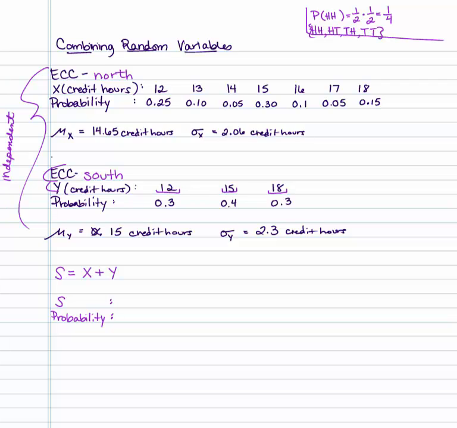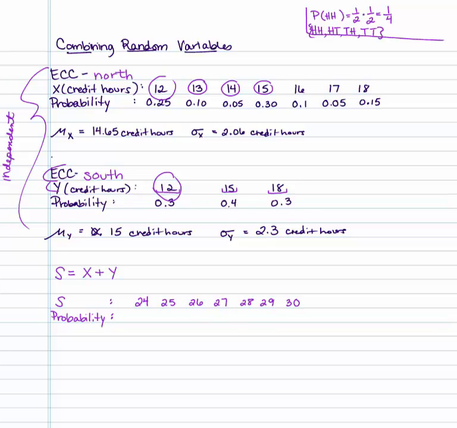So if I'm using X plus Y, I actually want to use 12 plus 12, then 13 plus 12, 14 plus 12, 15 plus 12, 16 plus 12, 17 plus 12, 18 plus 12.